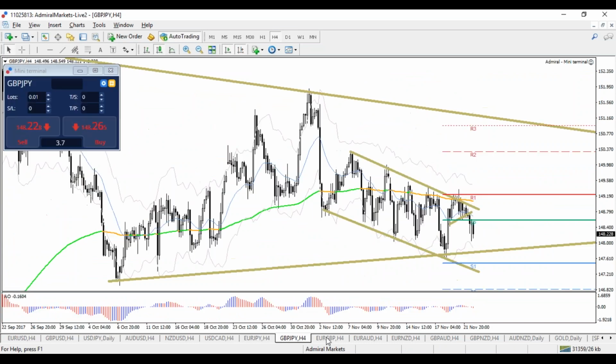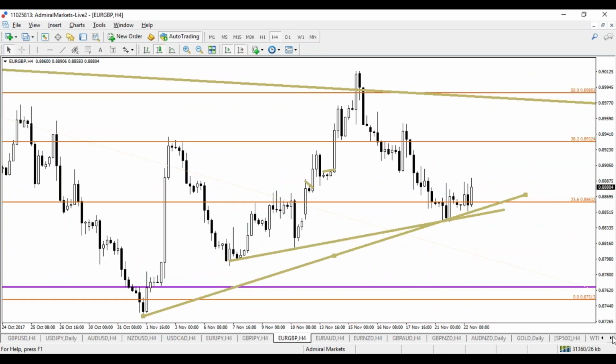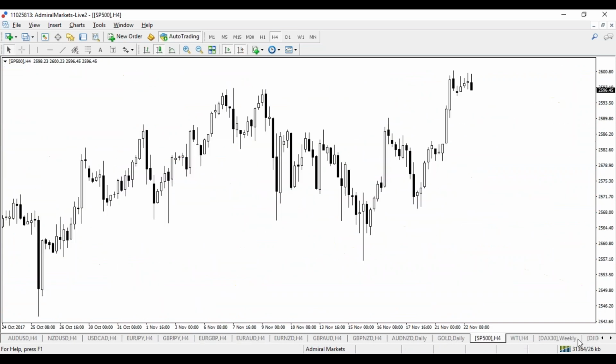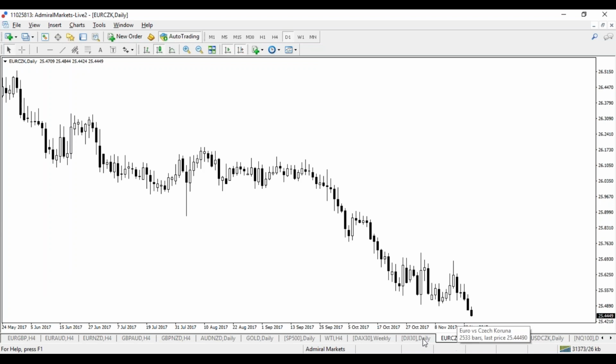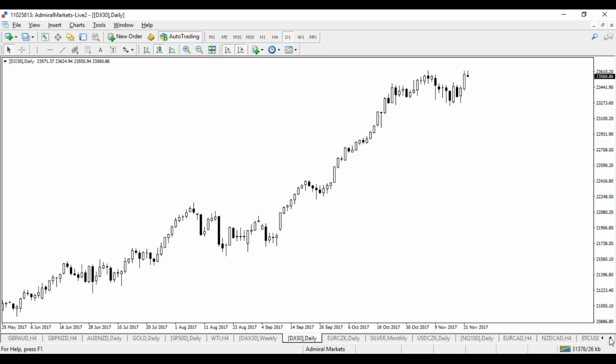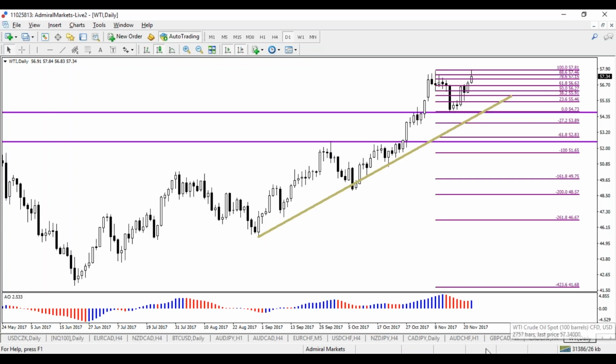I'm not sure if there's anything left. Yeah, we will basically, of course, look at other instruments. S&P 500 seems like it could make a bit of retracement there. Oil at double top at this moment.